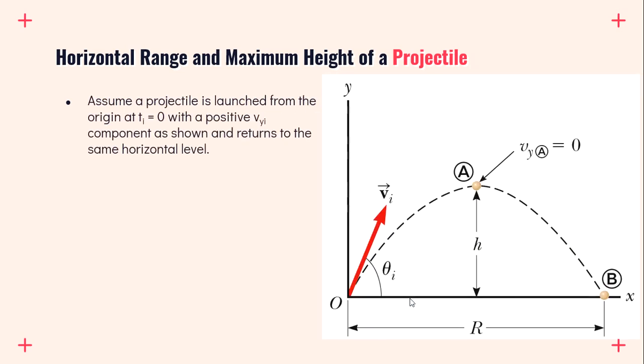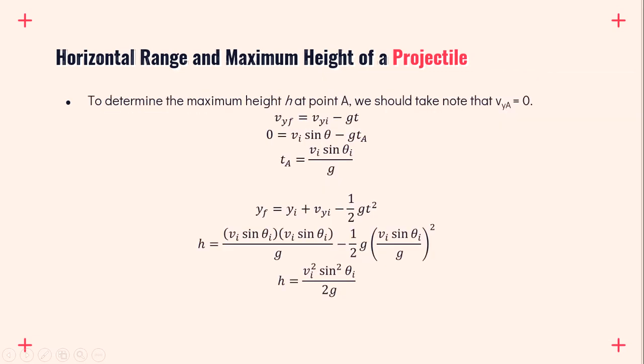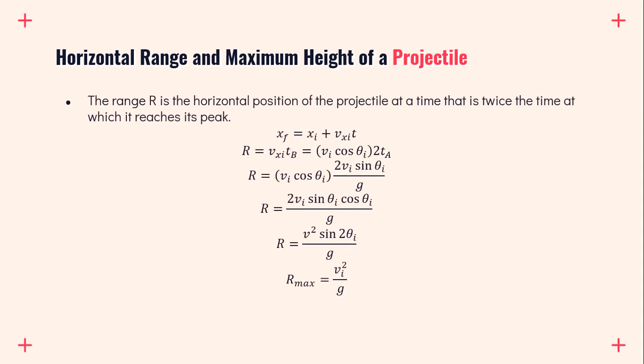So in this figure, this is the R. As we can notice, the time that the projectile took to reach the maximum point is half of the time that it will span the whole range. So it is fair to assume that TB is equal to 2TA.